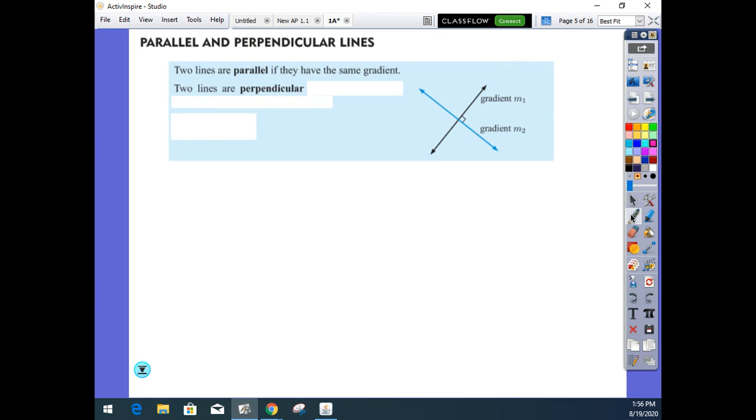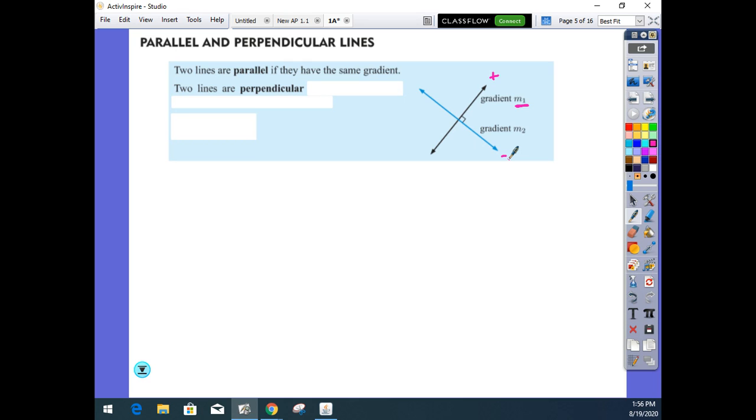So if we look on this picture here, if this is gradient M1, notice what type of slope is this? It's going up. This is a positive slope. Gradient 2 is going down. This one's a negative slope. So perpendicular slopes are always opposites because one has to go up, one goes down.